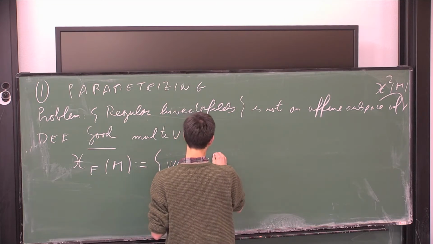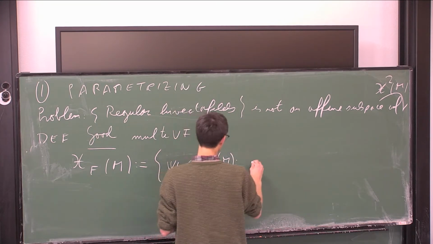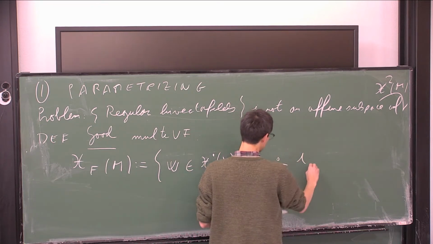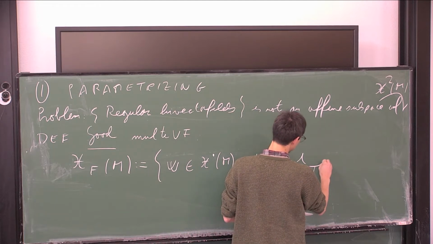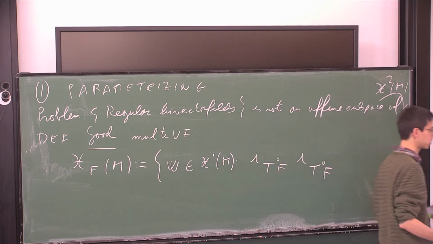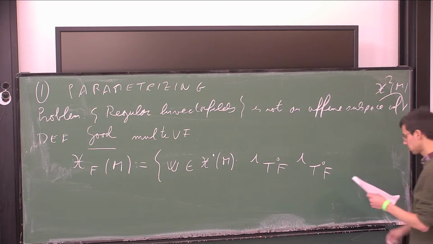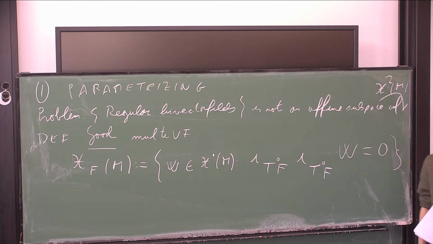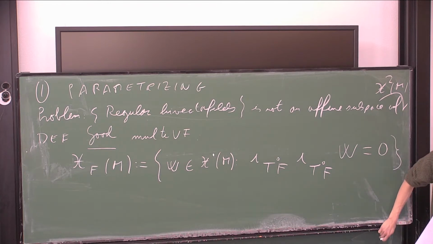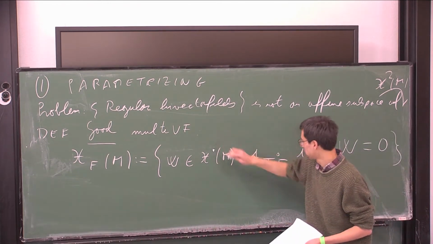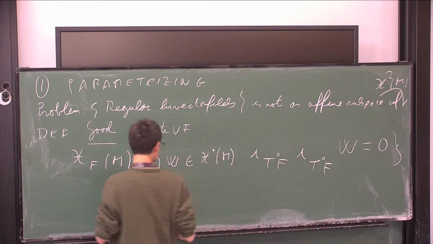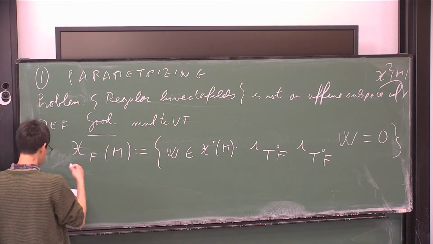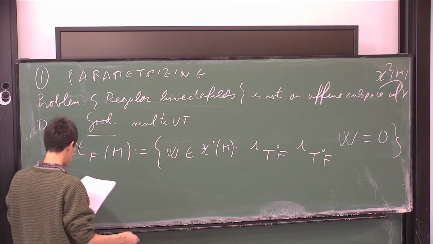I can take all the multivector fields with the property that if I contract them with two covectors that annihilate the foliation, I get 0. So I will eventually write this a bit more explicitly, but not right now. And so this is some subspace of the multivector fields.